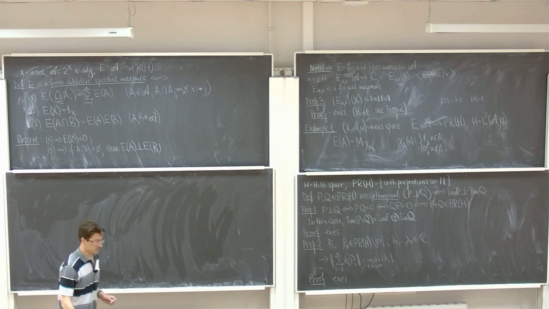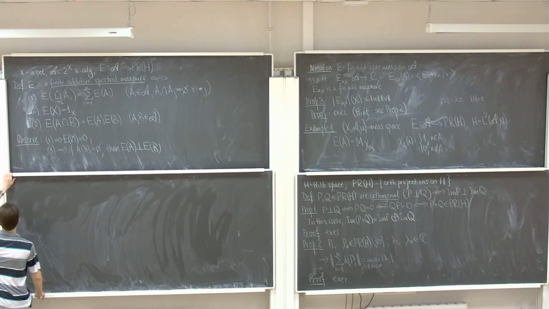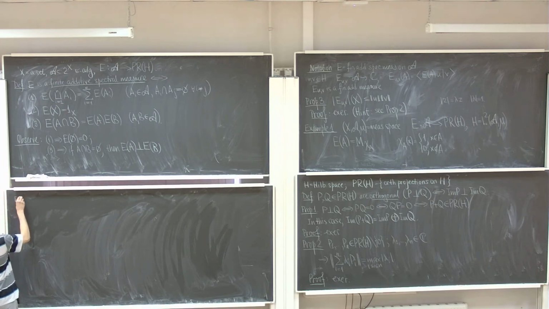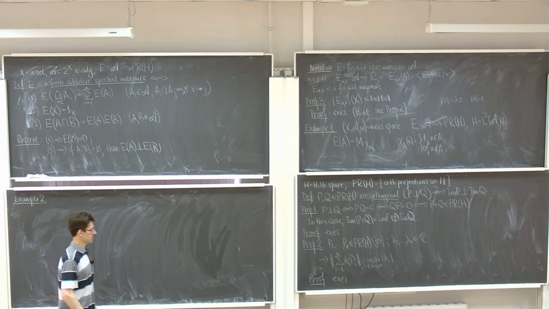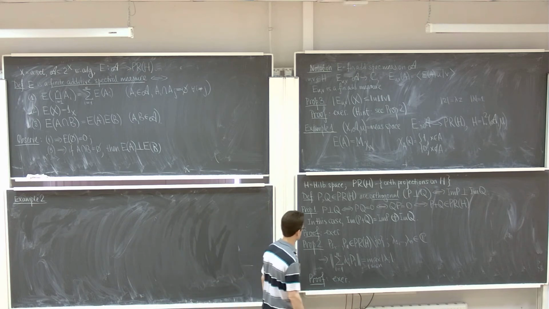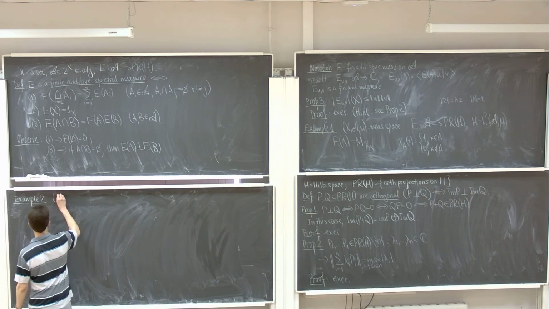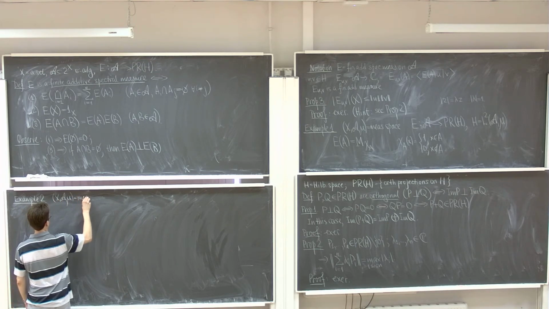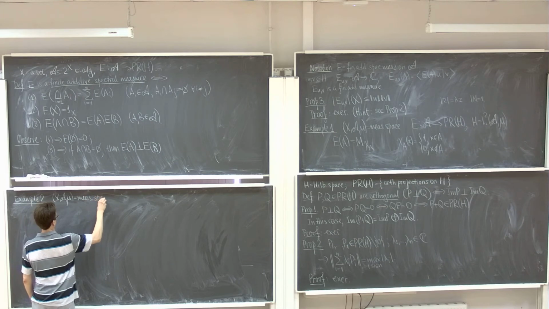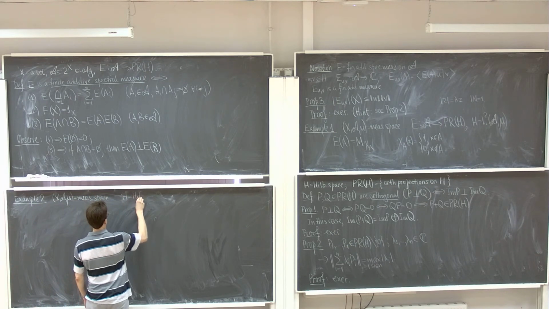Now, example 2 is slightly more general than example 1. Example 2. Again, we start with a measure space, X, A, mu. H now is an arbitrary Hilbert space.